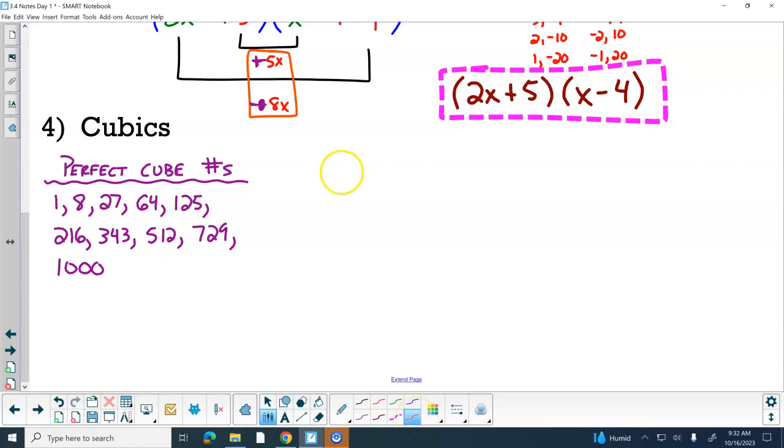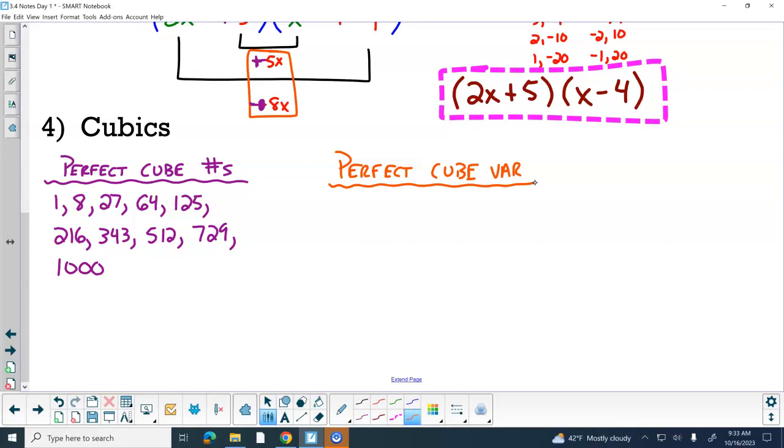What is a perfect cube variable? An example of a perfect cube variable: x cubed. Give me another one. x to the 5th is not. x to the 6th, yes. x to the 9th is.